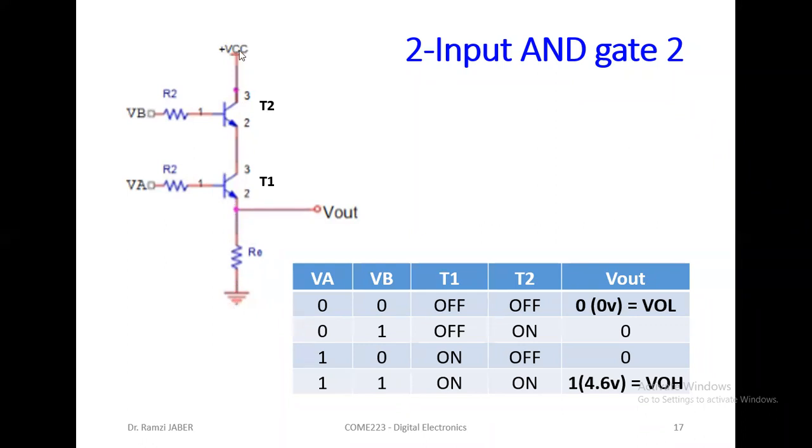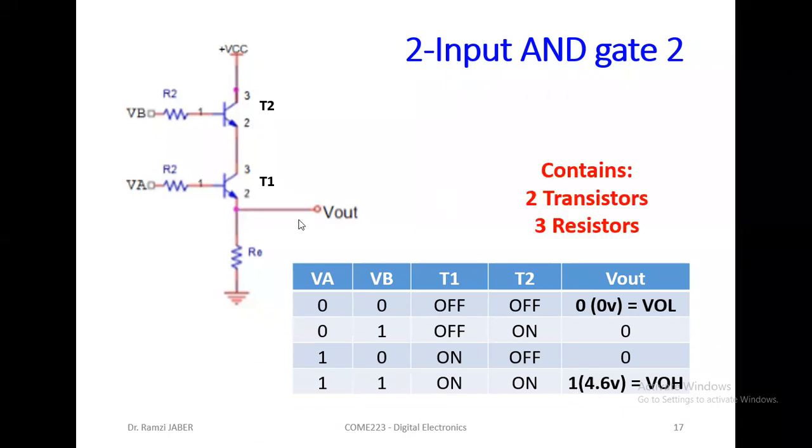So we have current right now. So on will give us high. Logic 1 here is 4.6 volt. Why? 5 volt minus 0.2 minus 0.2 gives us an output of 4.6 volt. It's bad for the output. Bad. Okay, bad high.